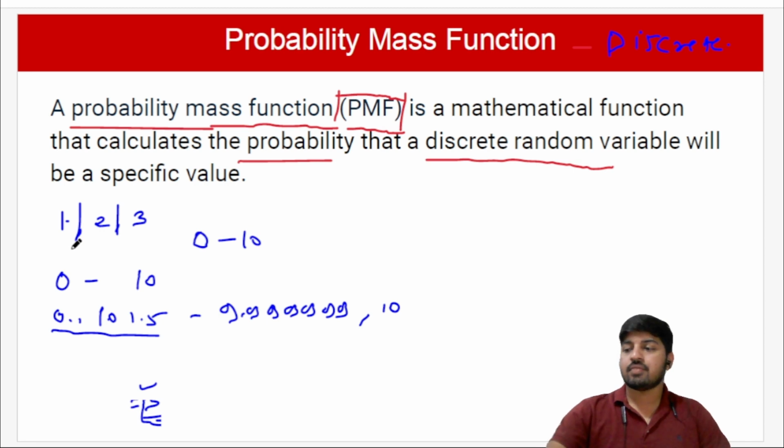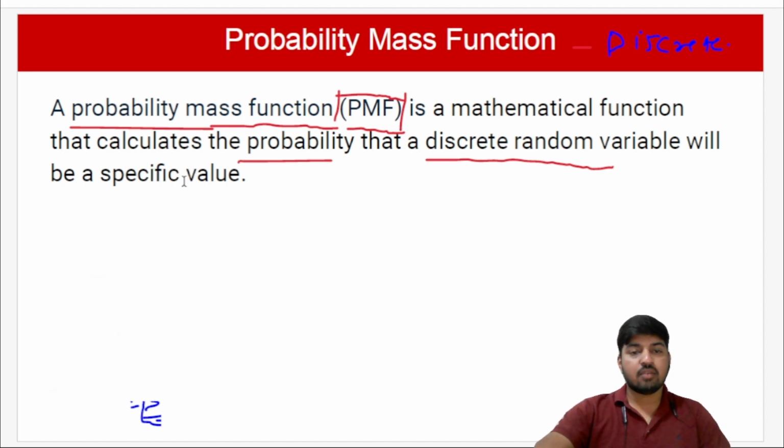The probability mass function is defined for the discrete random variable, which takes discrete values, and for the continuous random variable, it is called the probability density function.